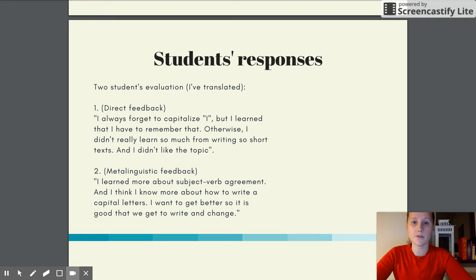The first student that got direct feedback, when I asked him what he gained from this, answered: I always forget to capitalize I, as in jag, but I learned that I have to remember it. So it feels like a case of remembrance. Otherwise, I didn't really learn so much from writing so short texts, and I didn't like the topic.